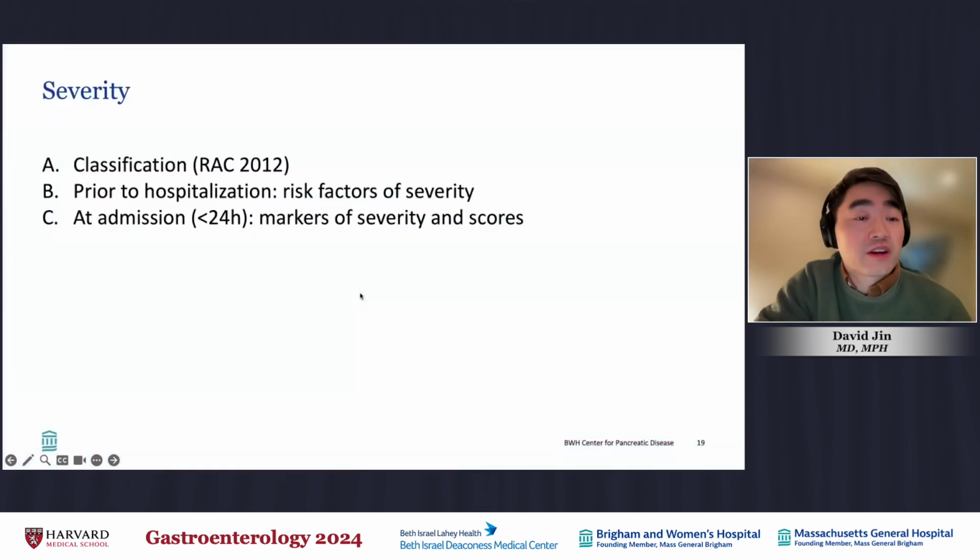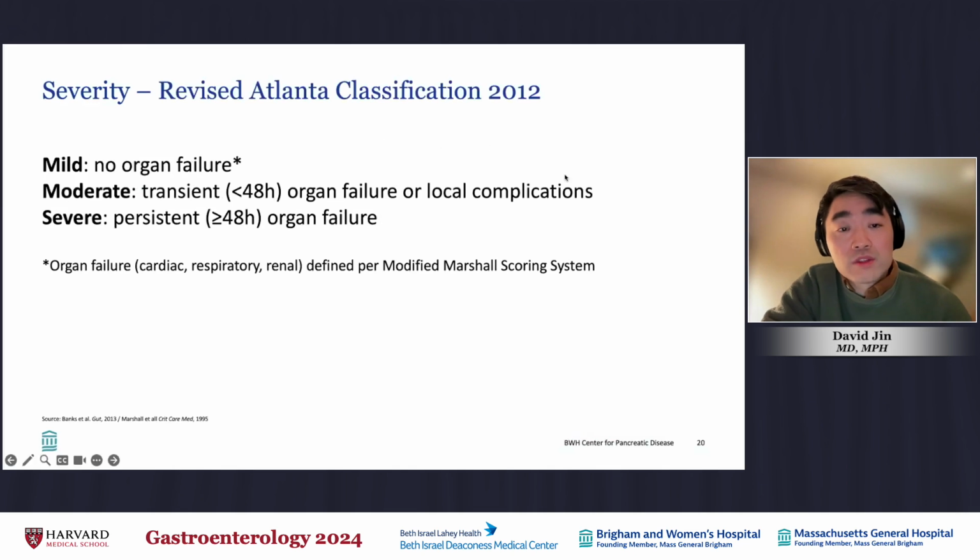So let's talk about severity, starting with how we classify severity. And we do that by stratifying patients into mild, moderate, or severe disease. Mild is defined by the absence of organ failure. Moderately severe acute pancreatitis is defined by transient organ failure, which lasts no more than 48 hours, or by the presence of local complications, which I'll define in a minute.